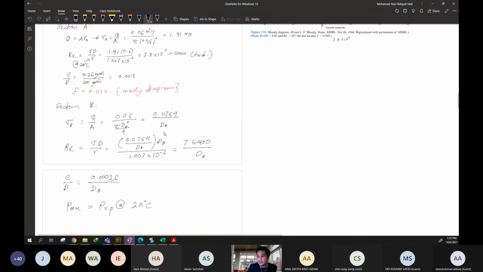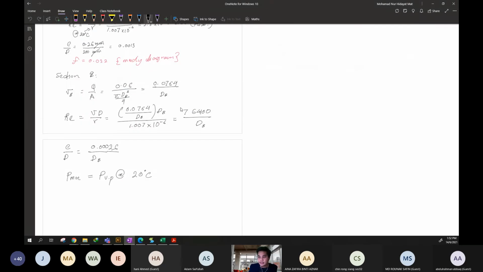At 20 degrees Celsius, when you look at the table, the absolute vapor pressure value is 2450 Pascal.